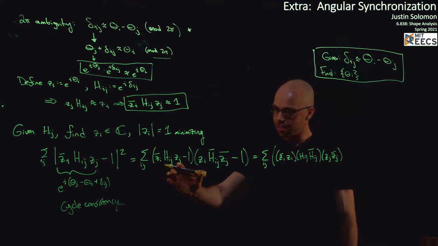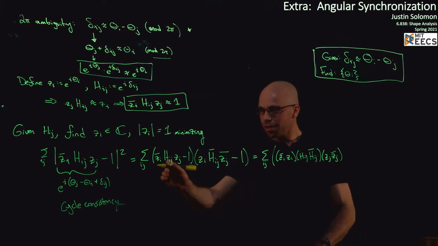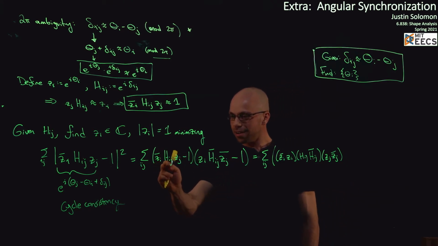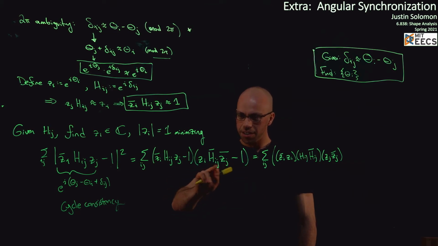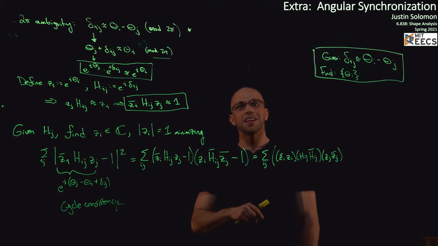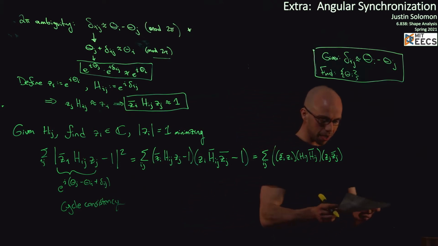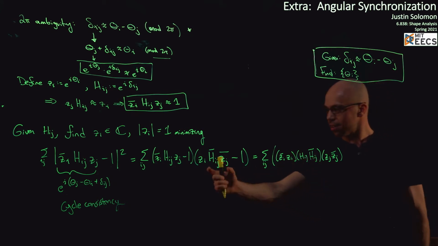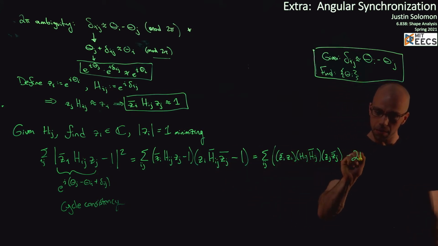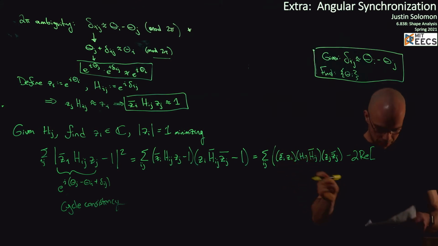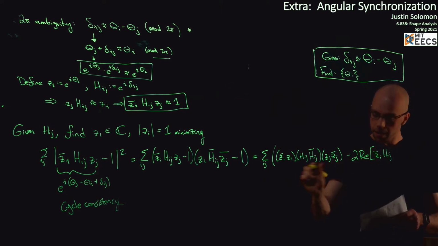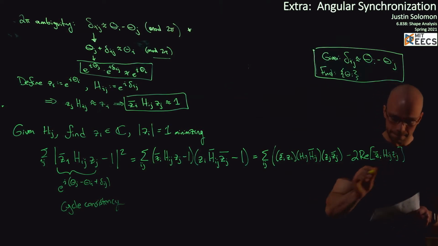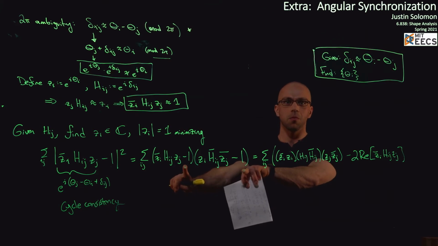Okay, so that's this one. And then we're going to have minus zi bar hij zj minus zi hij bar zj bar. If you work that out, that's actually just 2 times the real part of this expression. So this is really minus 2 times the real part of zi bar hij zj. And then finally we have 1 times 1.